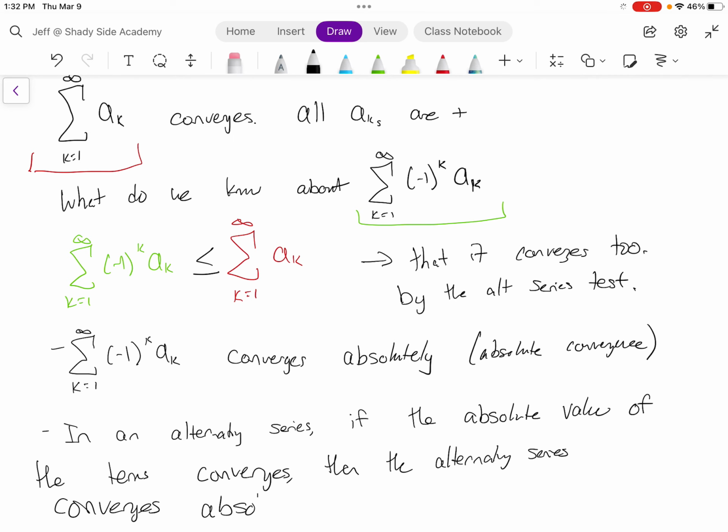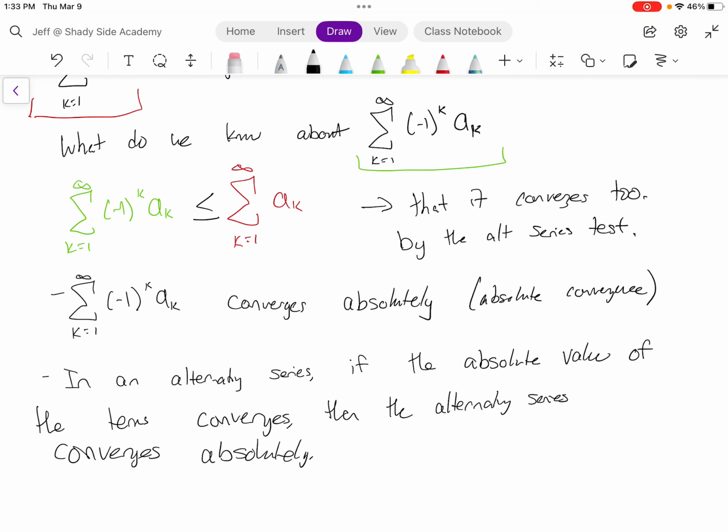Okay, and what does that mean again? That means if we ignore the oscillating part, and it still converges, then it converges absolutely.